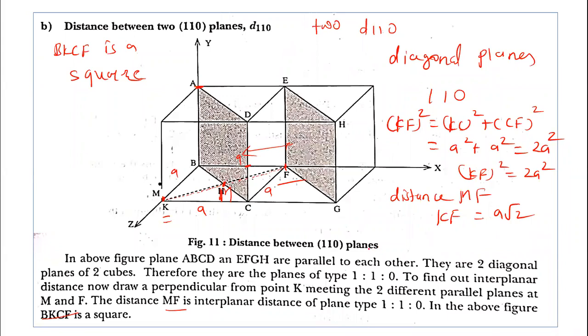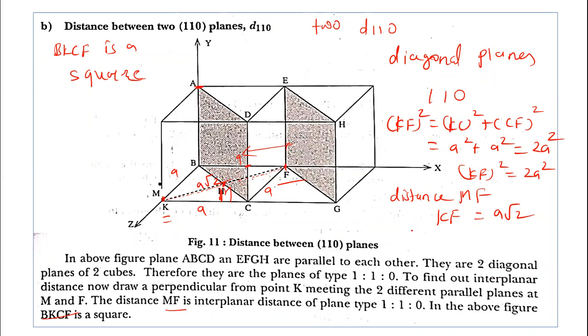Now, what is the interplanar distance? MF is the interplanar distance. We found here KF, the diagonal of the square, is equal to A into root 2. So what is MF here? MF is half of KF.